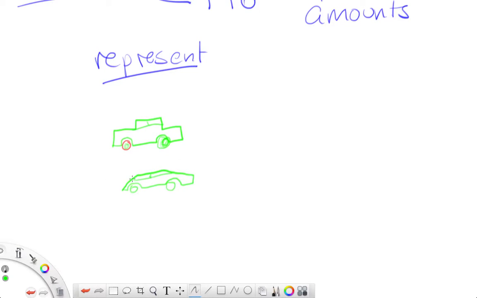In primary school, you might have started off representing values or amounts by drawing a number of things. You might have used apples, for example. But then, hopefully, you've moved on from this, and we wouldn't draw the cars. We might use a combination of numbers and letters to represent what we're talking about.